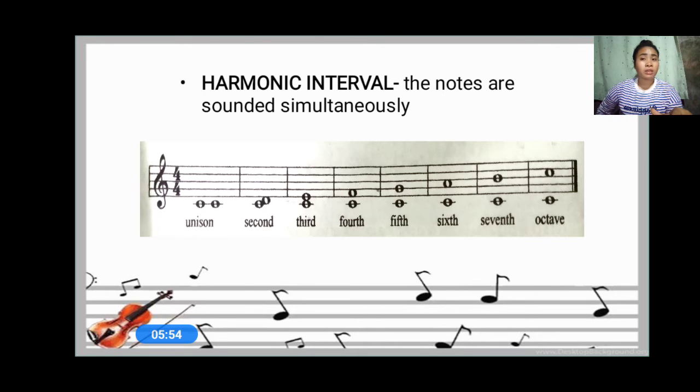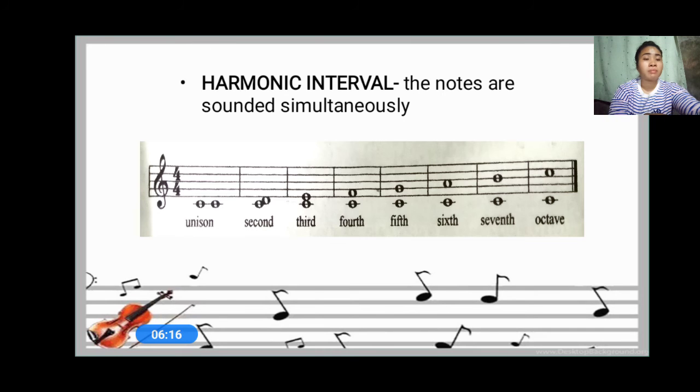For melodic interval, we have the second, third, fourth, fifth, sixth, seventh, and eighth. For harmonic interval, we have the unison, second, third, fourth, fifth, sixth, seventh, and octave.